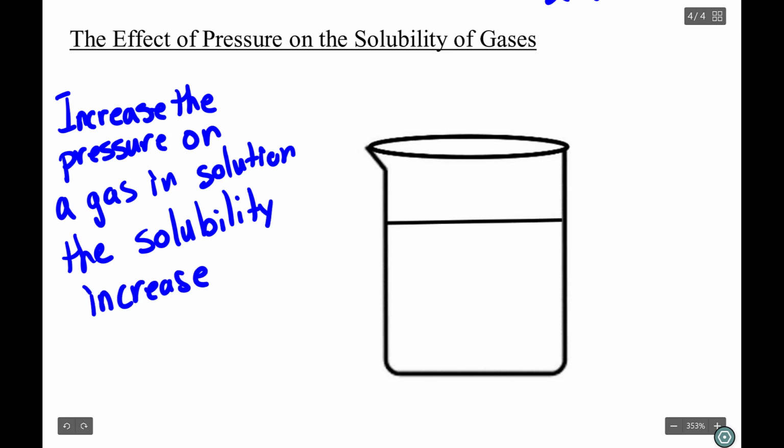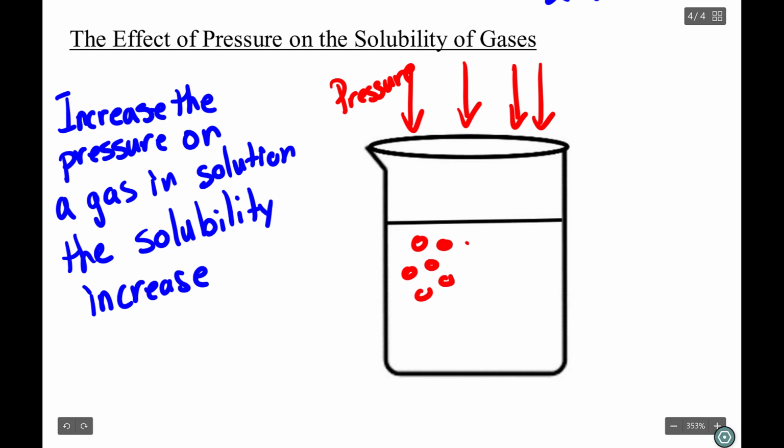Okay, so if I apply pressure from the outside on a solution, more bubbles, more gases can dissolve in the solution.